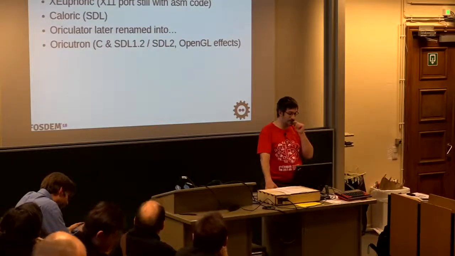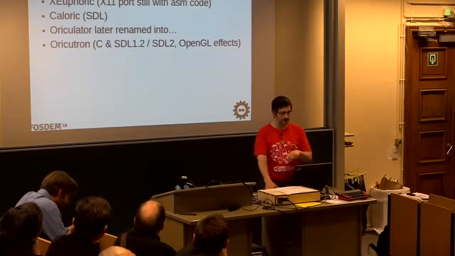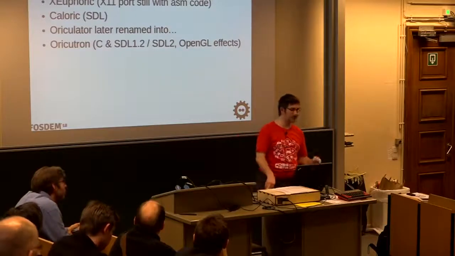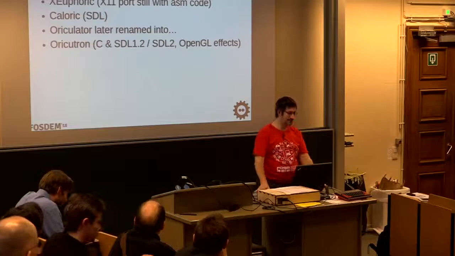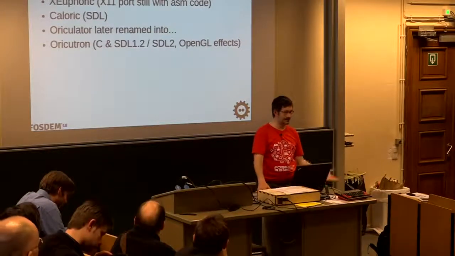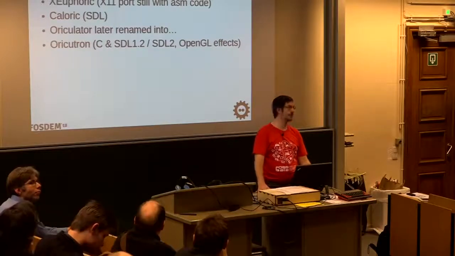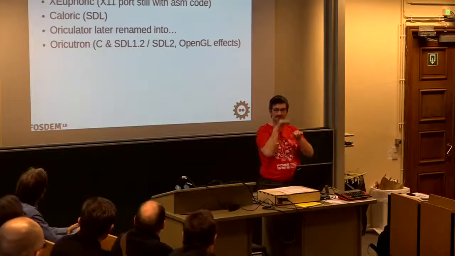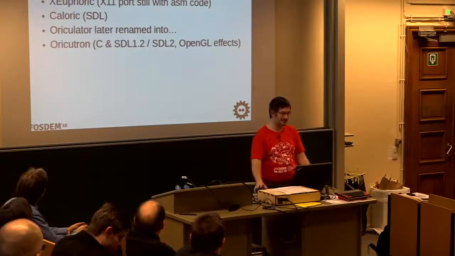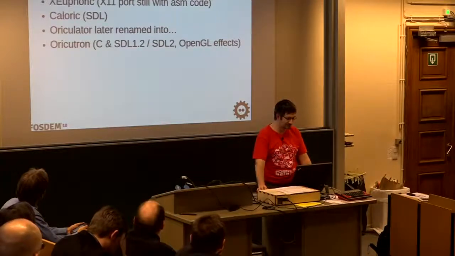And then someone wrote Oriculator, which was later renamed Oricutron because the former name was a bit too much. Oricutron is written in C, and it uses SDL or SDL2, so it's really portable, and it even has OpenGL effects, so you can get cathode ray tube scan lines on your screen.